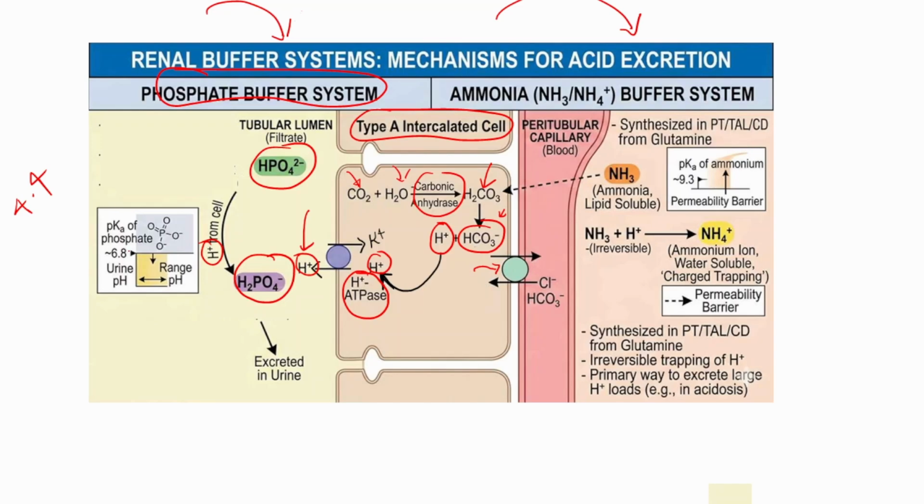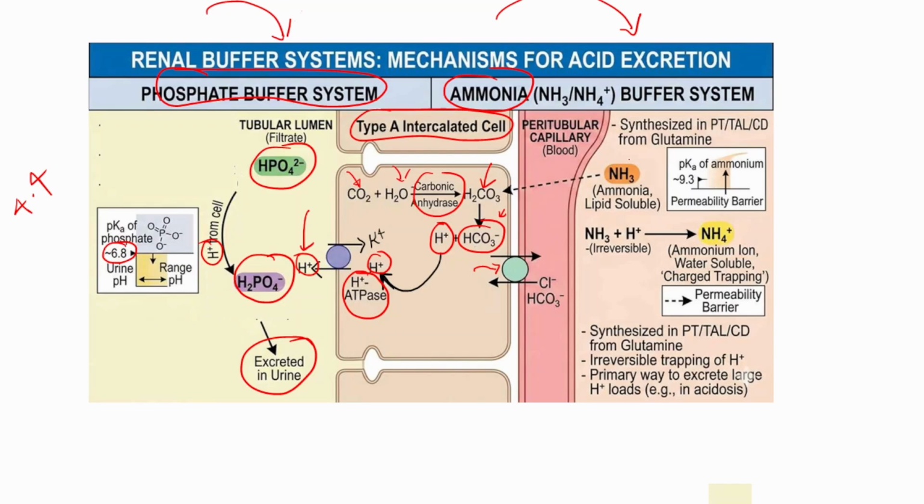It has a pKa of 6.8, which falls perfectly within the functional range of urine pH. Once dihydrogen phosphate is formed, it is trapped and safely excreted in the urine. Protons masked, problem solved. Now for the heavy lifter during chronic or severe acidosis, the ammonia buffer system.